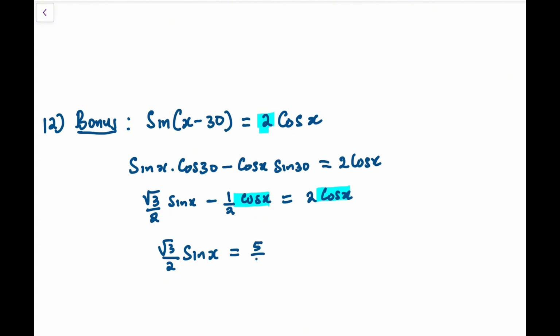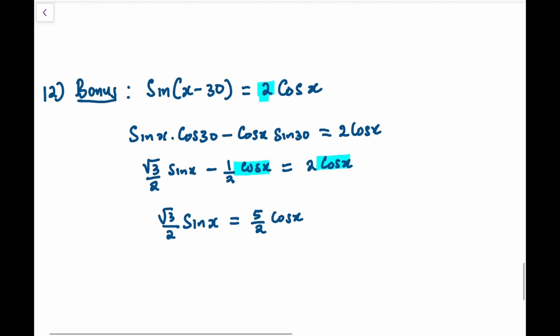It will be 5/2 cos x. And then multiply on both sides by 2. So we are going to have √3 sine x is equal to 5 cos x.